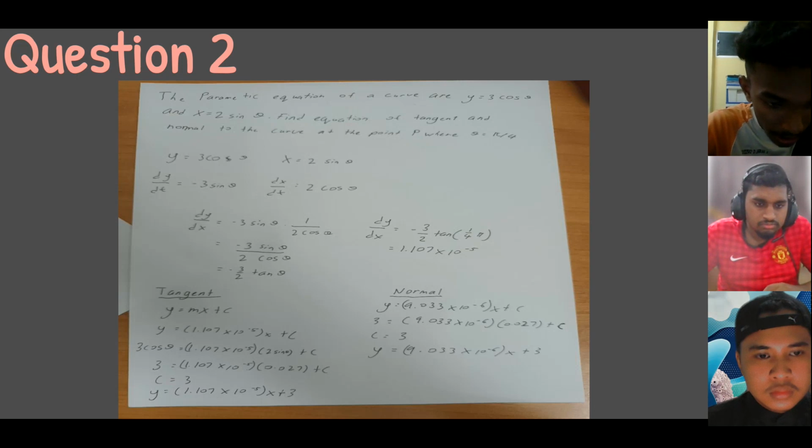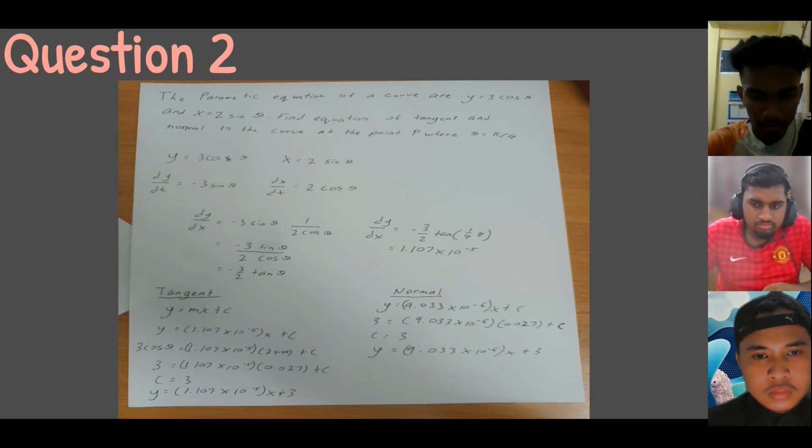After all the solution, we will get y equals (1.107 × 10^-5)x plus 3. So the final solution is y equals 9.033 × 10^-6 x plus 3.